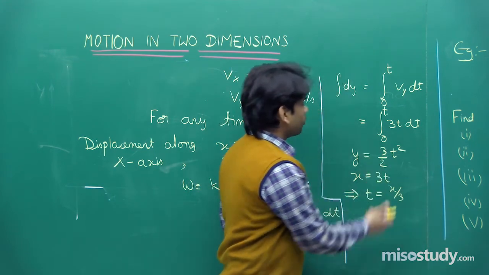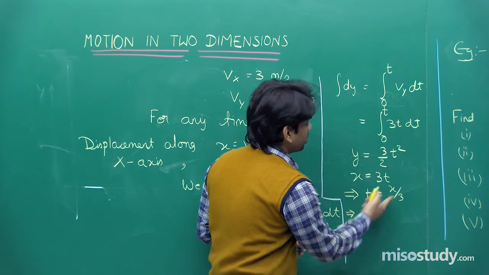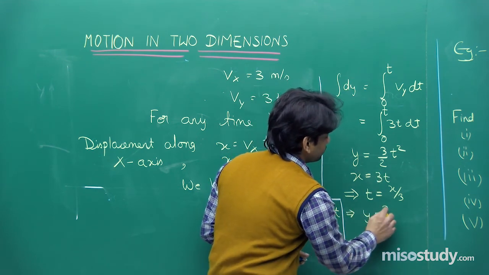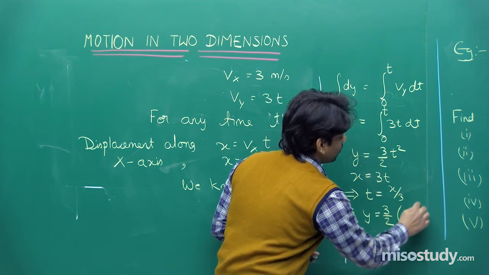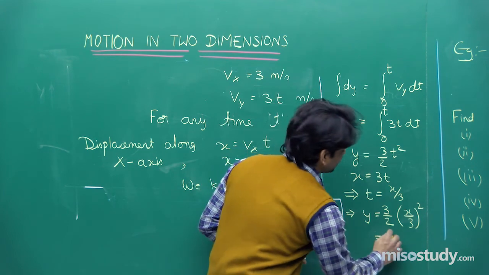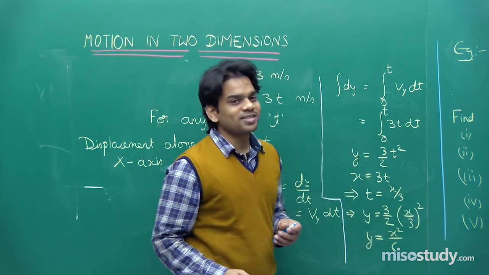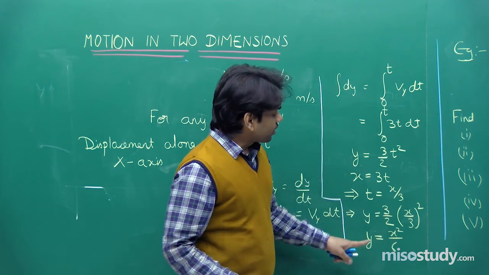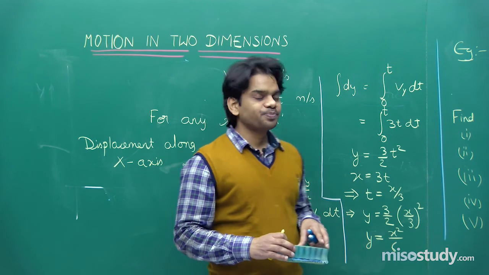So you will get y equals 3 by 2 t square, and on substituting t, 3 by 2 into x by 3 whole square. You can see 3 will cancel out, so x square by 6 will be the result. y equals x square by 6 is the answer for this. Yes, this will be the right answer.